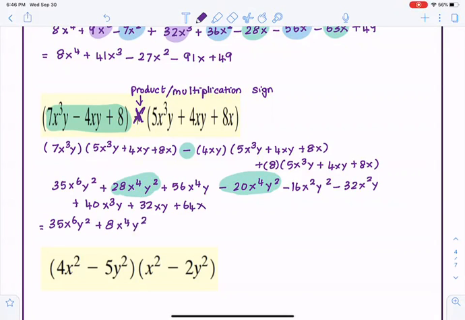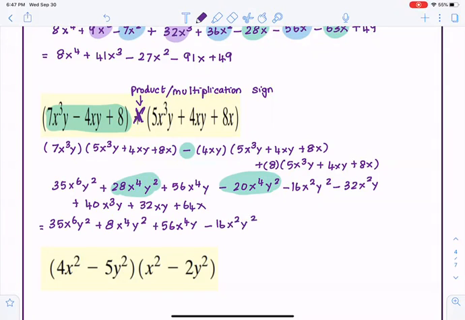We have 56x raised 4y. Search through to see if there is a term of that sort. I don't see it, so it would be 56x raised 4y. The next term is negative 16x squared y squared. Search through the remaining expression to see if there is a term x squared y squared. I don't see it, so negative 16x squared y squared.